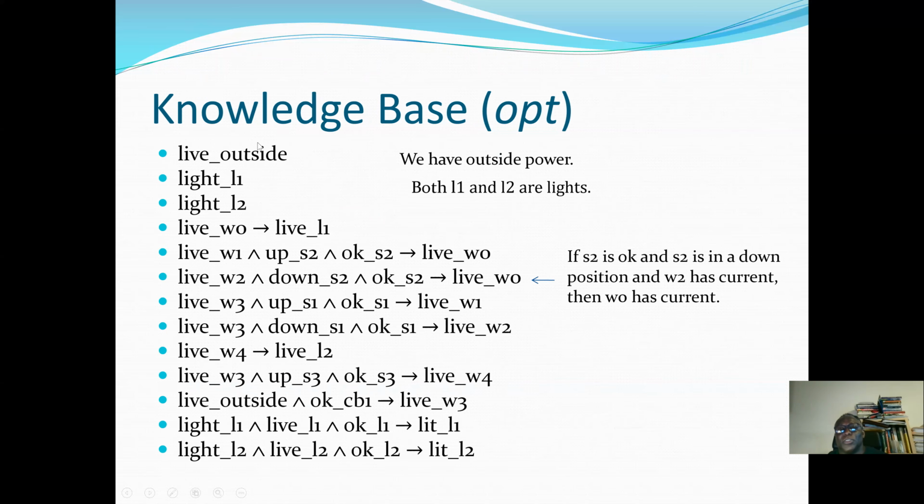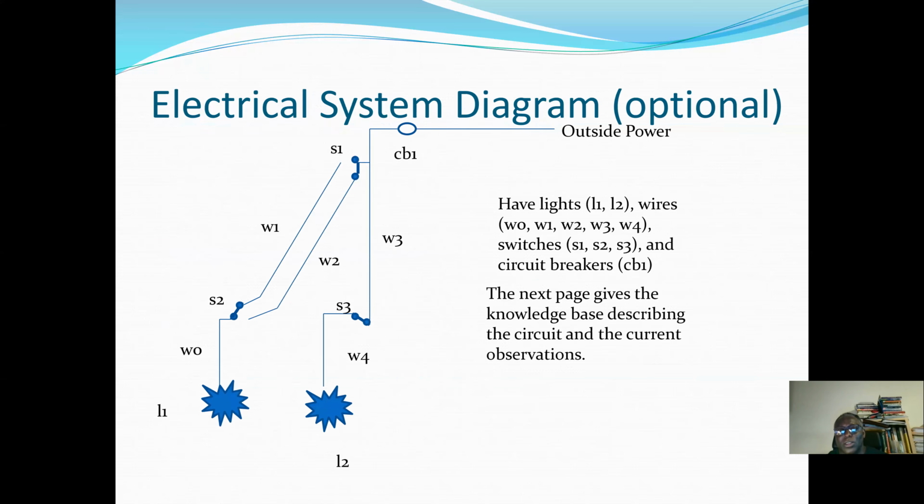So this is an example of the knowledge base for the whole electric diagram: light L1, light L2, live W0. If there's current in W0, then light L1 will light. And when you go to the circuit, we can see that if W0 has a current, L1 will light. The bulb will be on.